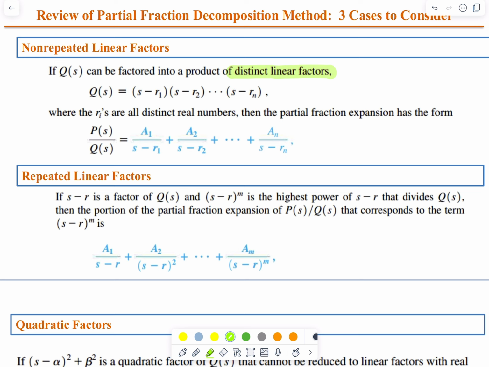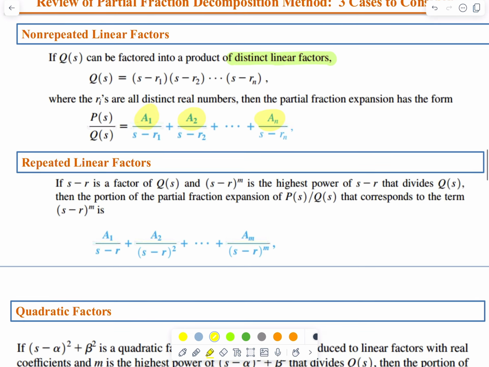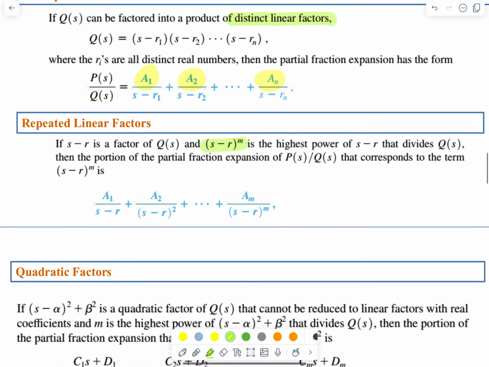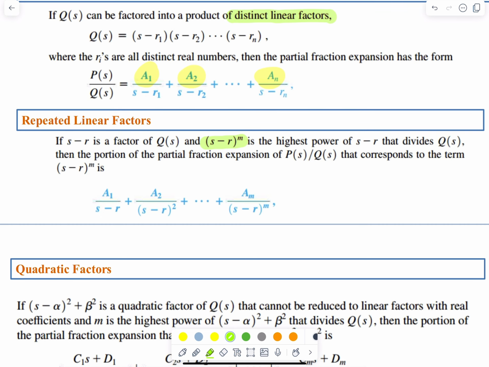So we will be using capital A in the numerator over each linear factor. When we have repeated factors, as you can see here, s minus r to the m power, how we will handle that is we will write s minus r and then s minus r squared and so forth all the way up until we get that s minus r to the mth power.